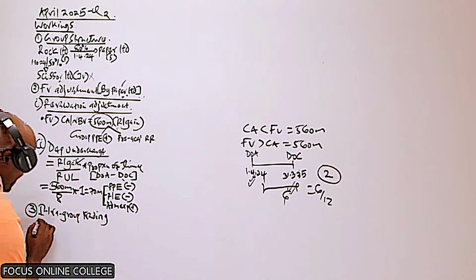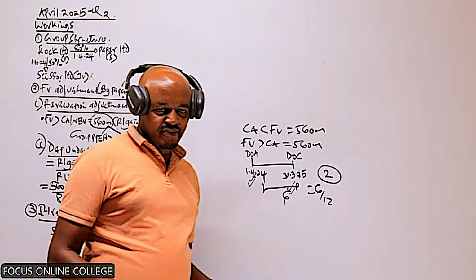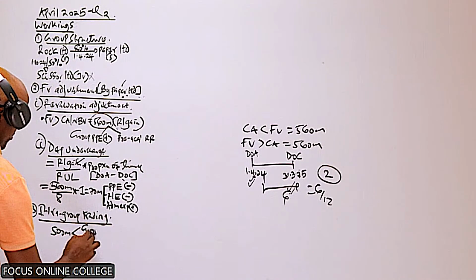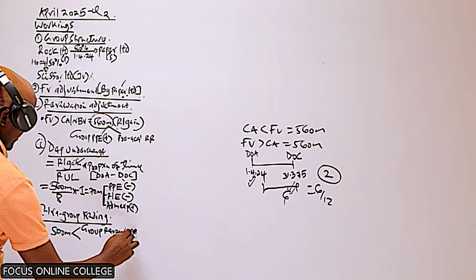These sales between the parent and the subsidiary are intragroup sales, so this one will be deducted from the group revenue.